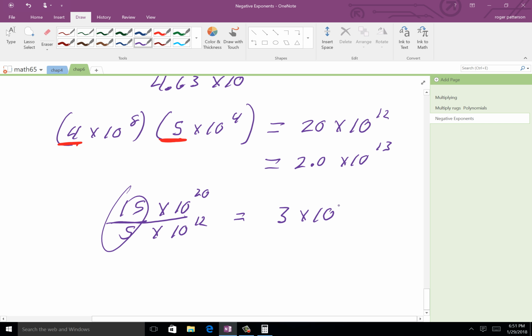Yeah, we're just going to subtract them. That gives me 8. I don't have to worry about moving anything around, so I just got a 3 there, so it's good to go. So you can just use the properties of exponents here to do all these scientific notation things. You don't need a calculator. You can, but you don't need it.